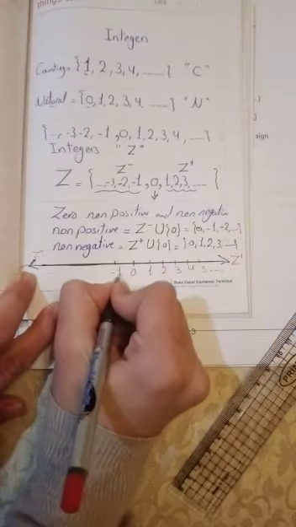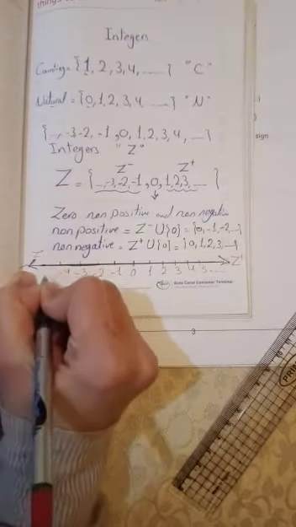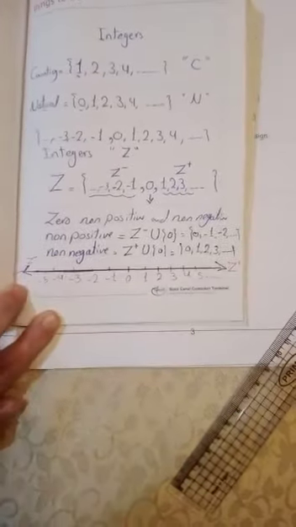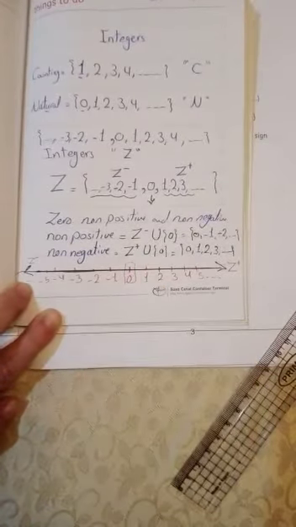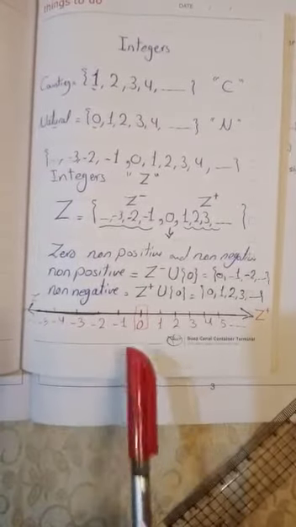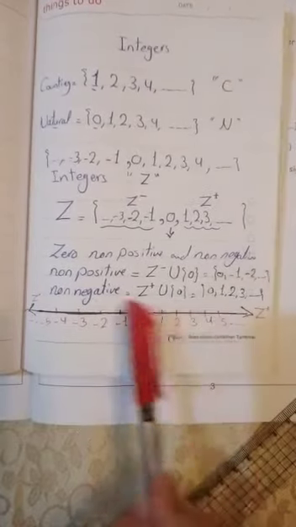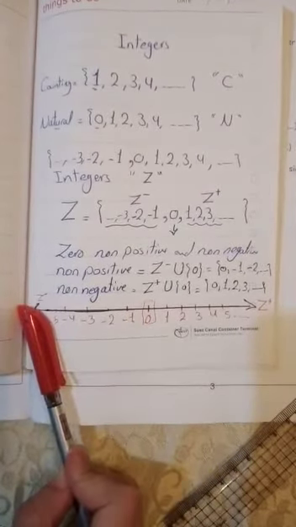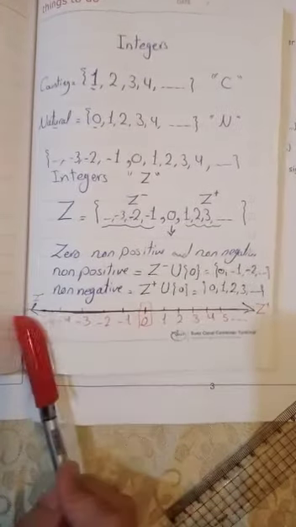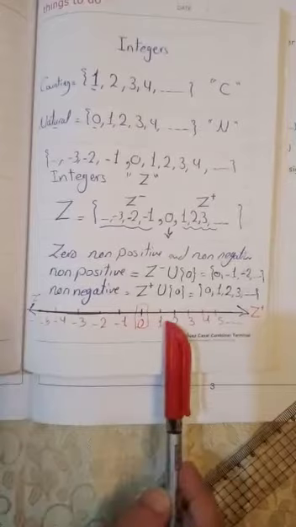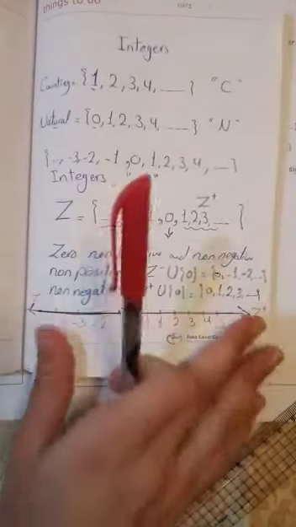Here are the negative integers: negative 1, negative 2, negative 3, negative 4, negative 5, and so on. 0 is in the middle. To the right, positive numbers, Z positive. To the left, negative numbers, Z negative. And 0 is non-positive and non-negative.